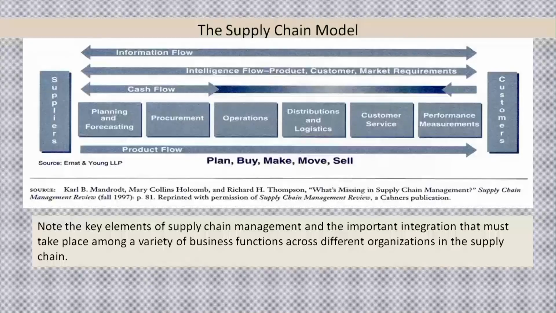So, this diagram is an excellent depiction of a supply chain management in all its aspects. You see, on the left hand side at the extreme we have the supply, the suppliers.